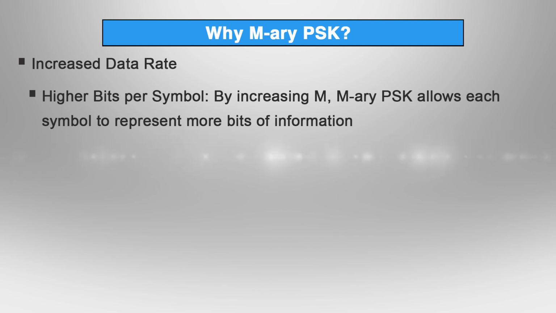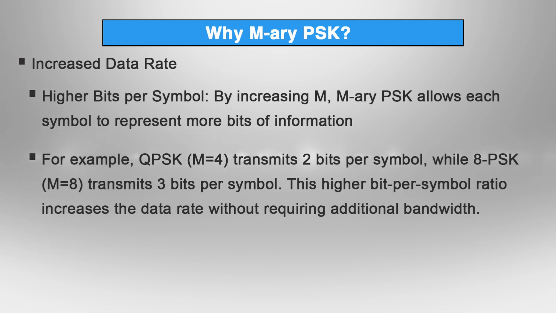Increasing M allows each symbol to represent more bits of information. For example, QPSK transmits 2 bits per symbol while 8-PSK transmits 3 bits per symbol. This higher bits per symbol ratio increases the data rate without requiring additional bandwidth.